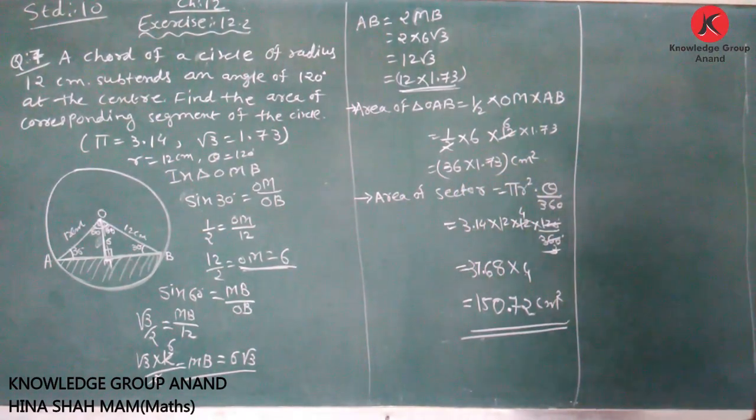You calculate these now. Multiplication of 36 into 1.73.